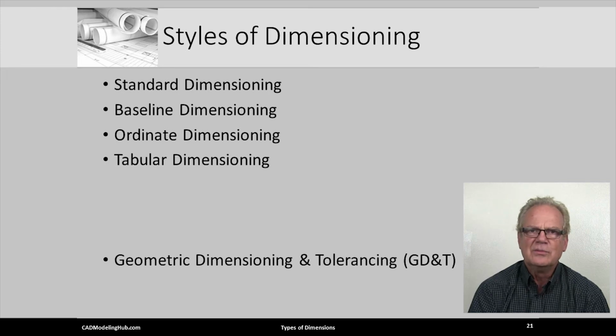Later lectures will be devoted to each style, their rules, advantages, and disadvantages. The 5 styles are standard dimensioning, baseline dimensioning, ordinate dimensioning, tabular dimensioning, and the special case of geometric dimensioning and tolerancing, or GD&T for short.